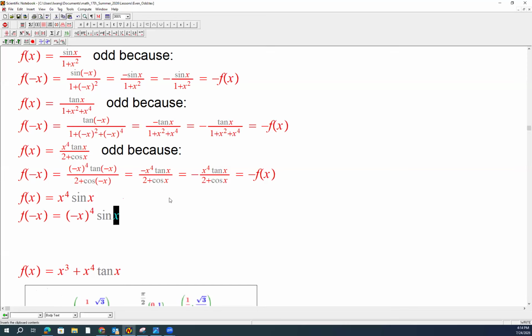For this function, once again, sine of negative x is negative sine x. So this is going to be negative, x raised to the power 4 sine x. So that's an odd function once more.